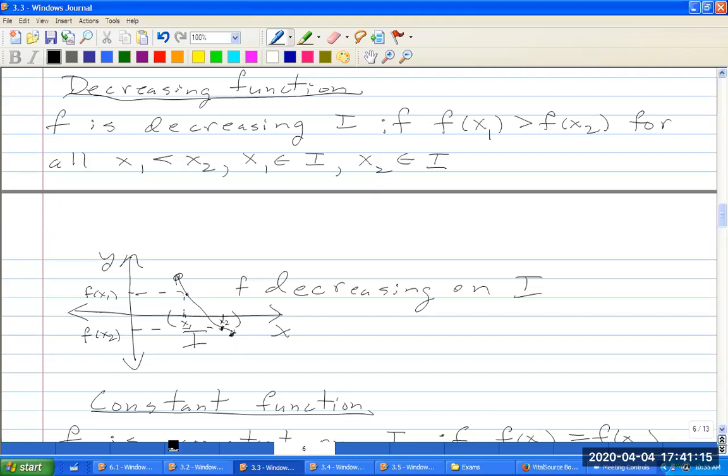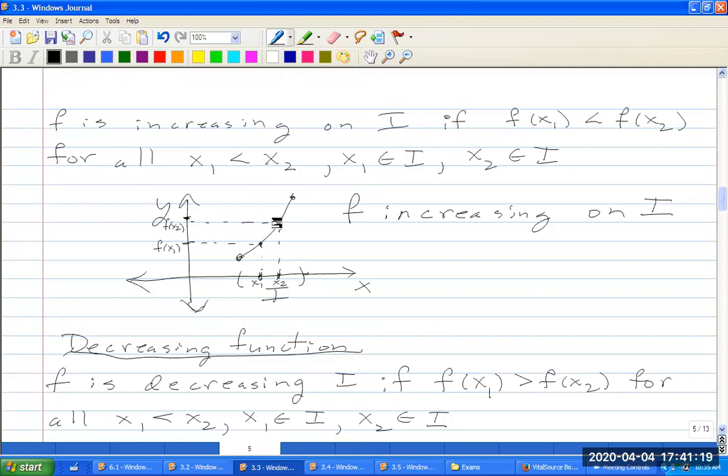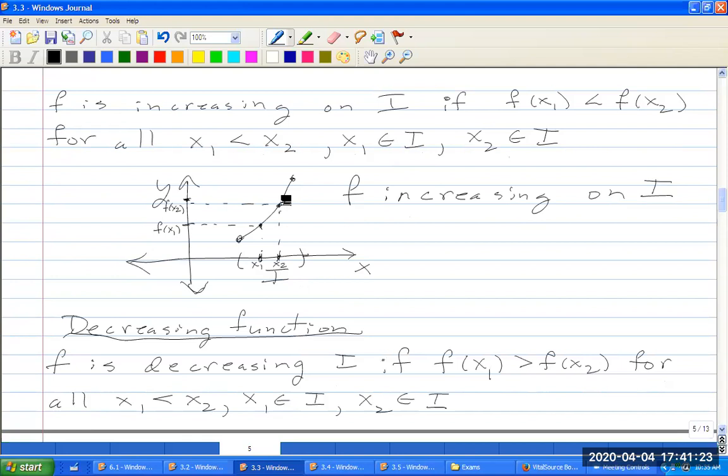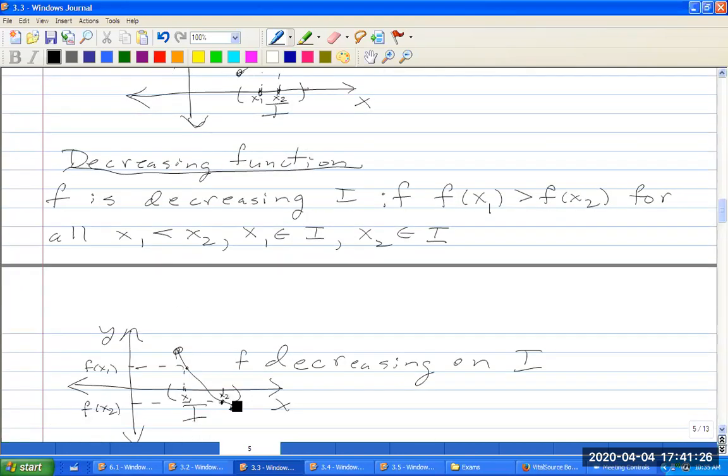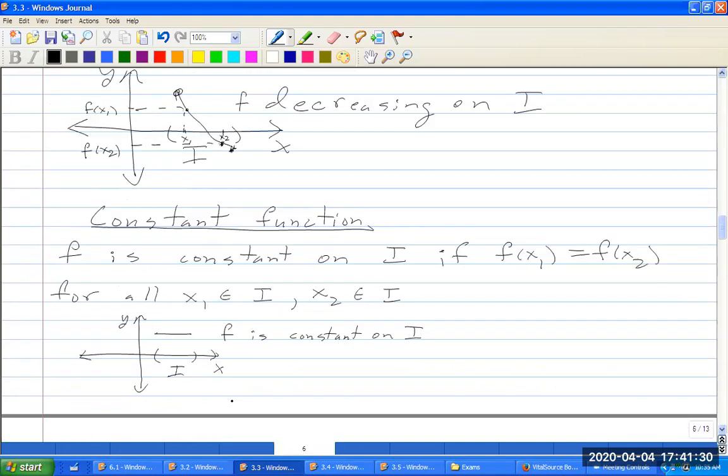So again, as we read from left to right, if my y values are increasing, it's an increasing function. If my y values are decreasing, it is a decreasing function. If it's always equal to the same value, then we call it constant.